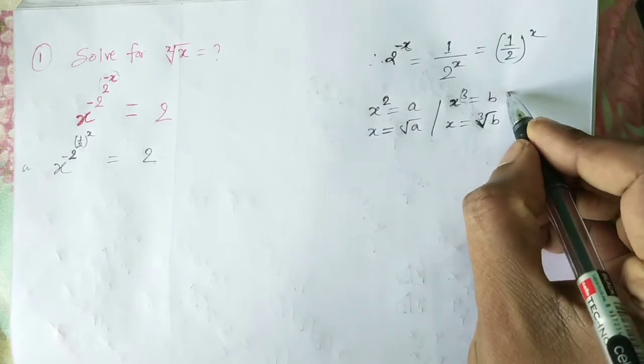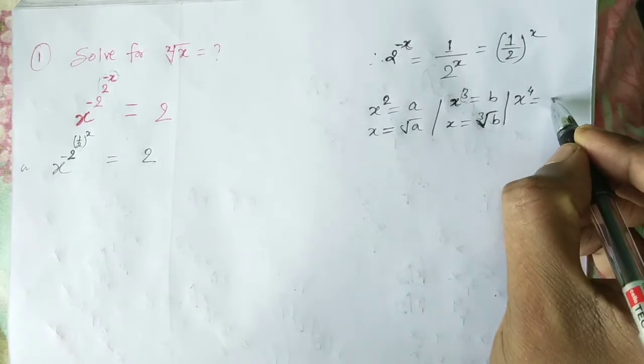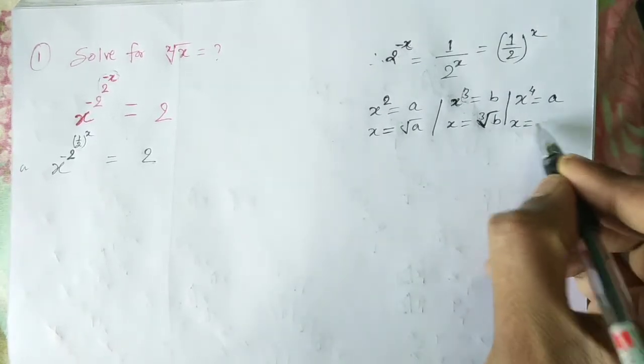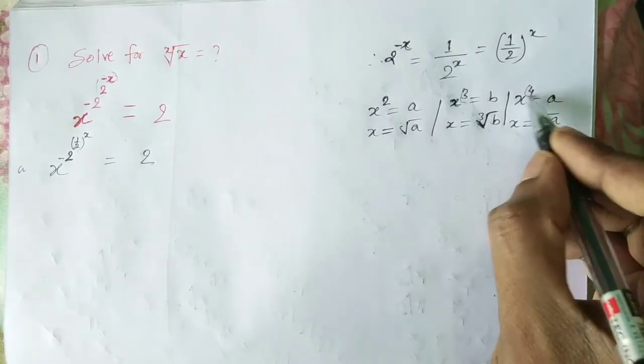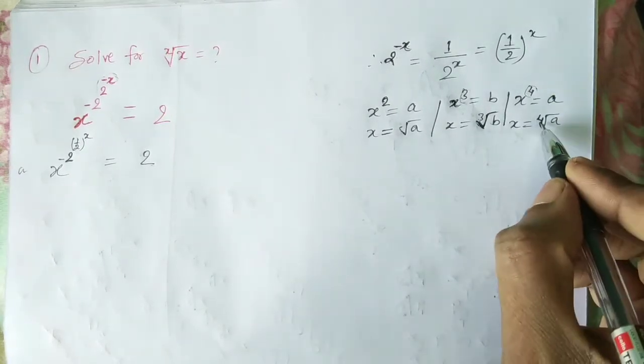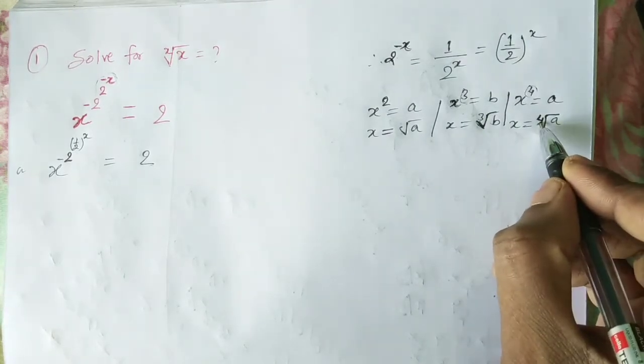Now suppose we have x raised to the power 4 equal to something a, then x is equal to the fourth root of a. So whatever power we have here would be written as the degree of this root.